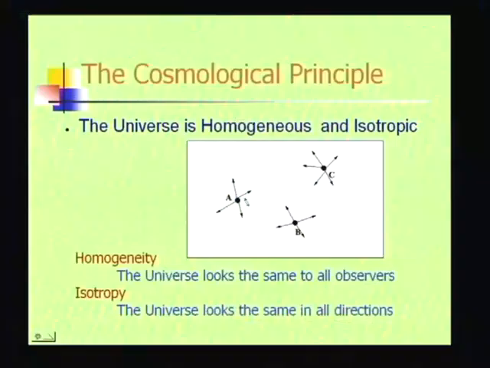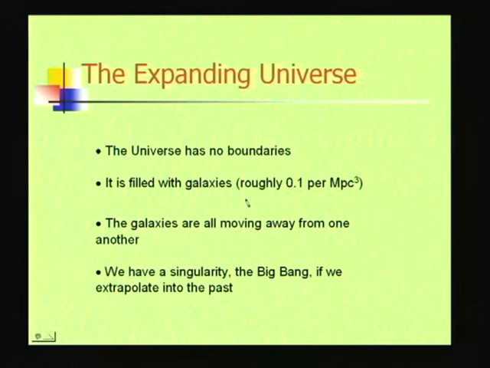So, let us just imagine an infinite universe that has no boundaries. This infinite space has to be filled with galaxies, because we see galaxies in our neighborhood. Galaxies have a density of roughly 0.1 per megaparsec cube. So, we expect the whole universe to be filled with galaxies like this, extending to infinity in all directions.